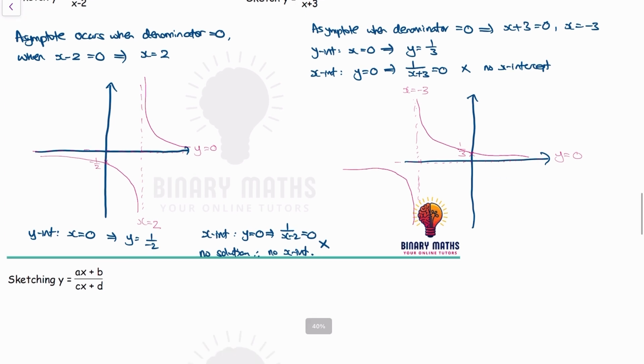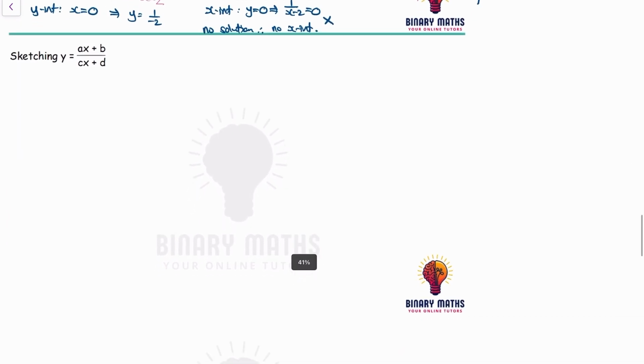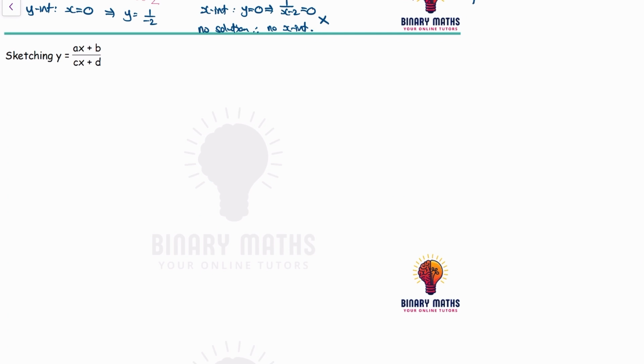Now let's look at more complicated reciprocal equations. So when you have something like this, sketching y is equal to ax plus b over cx plus d, let's go through. The first thing you need to know is the y-intercept. Now at the y-intercept, you know x is equal to 0.